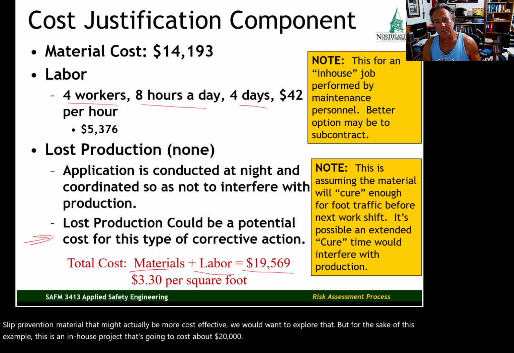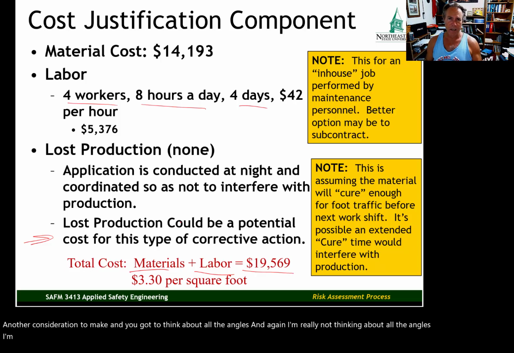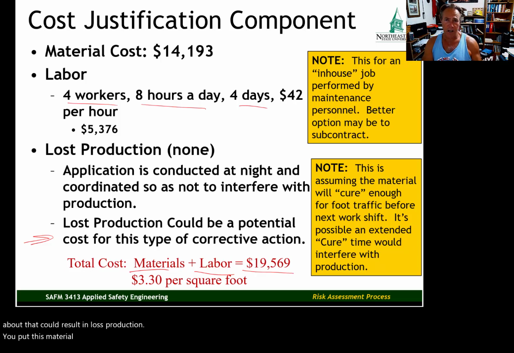Another consideration to make, and you've got to think about all the angles. And again, I'm really not thinking about all the angles. I'm just doing a quick and dirty example of how you can use this method. But another thing that you would need to think about that could result in lost production: you put this material down, it has a cure time. It has to have time to dry. What if the cure time is longer than you anticipated and it does cut into production?